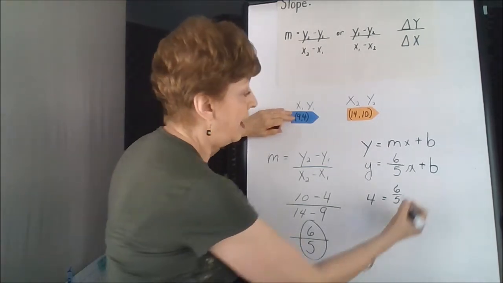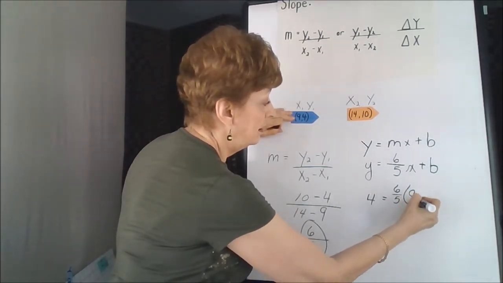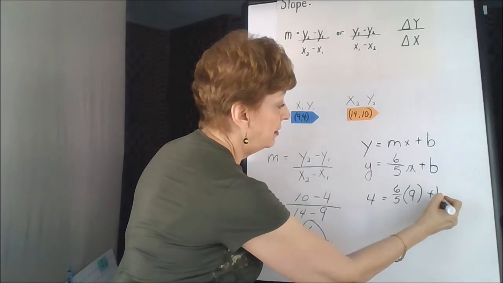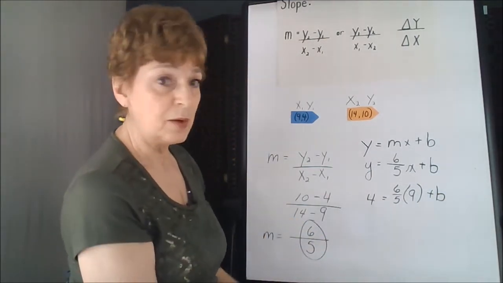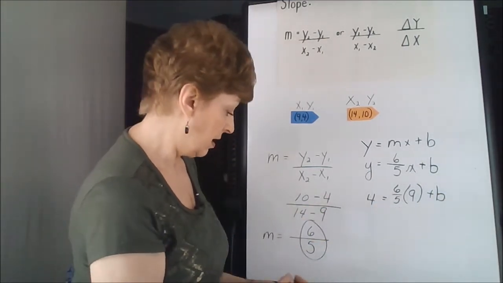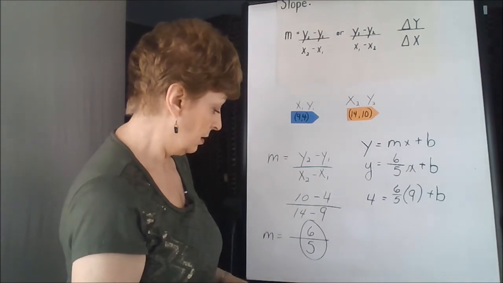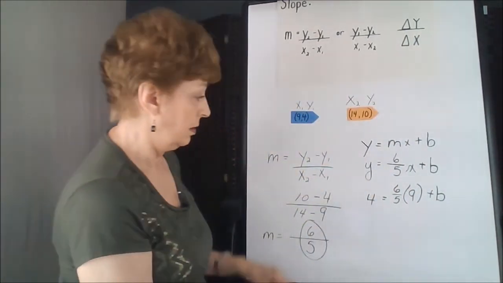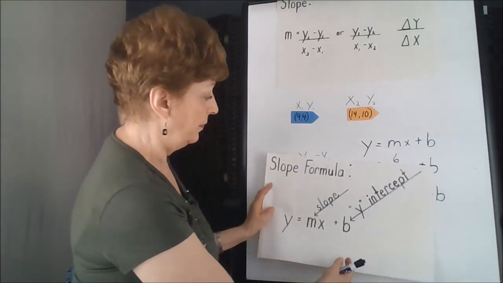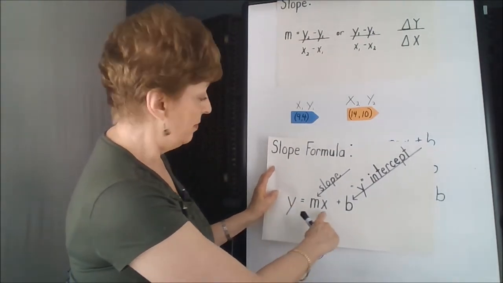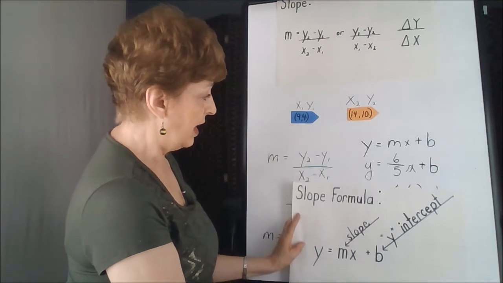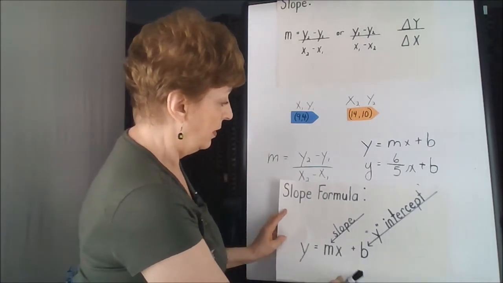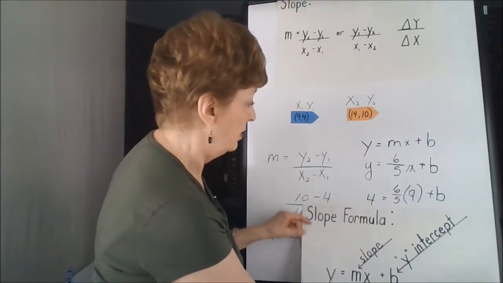X would be 9 plus b. And that's how we would fill in the slope formula, which is this one. The y equals mx plus b. We've got that now with these numbers.